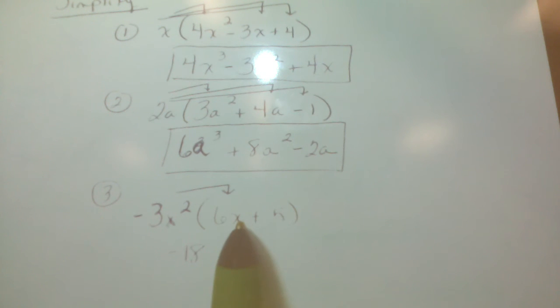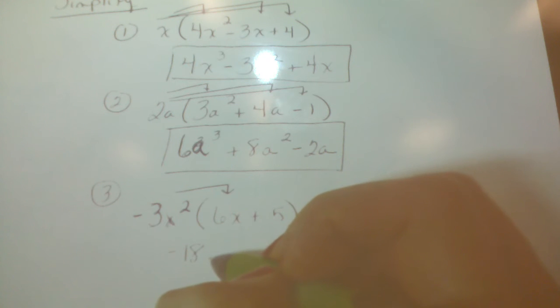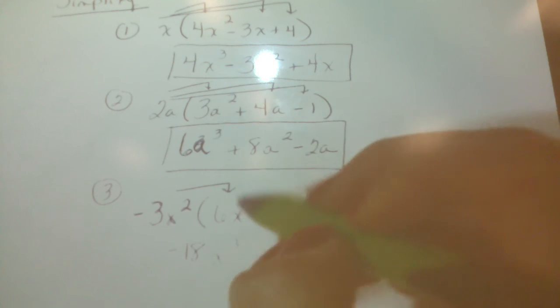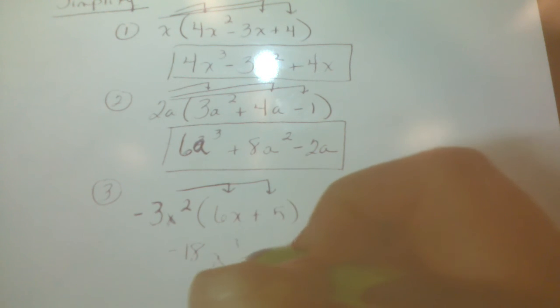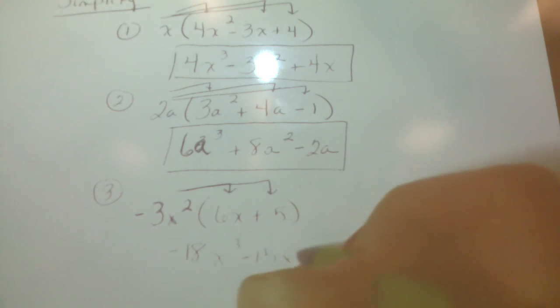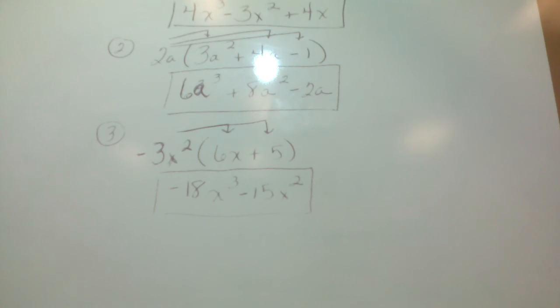I've got x squared and x. That becomes x cubed. And then I've got negative 3 times 5, which is negative 15. And then I don't have an x here, so this is just going to stay x squared. So I have negative 18x cubed minus 15x squared.